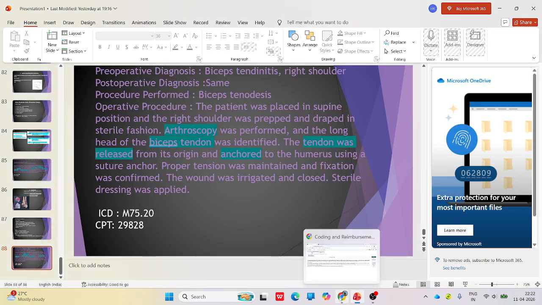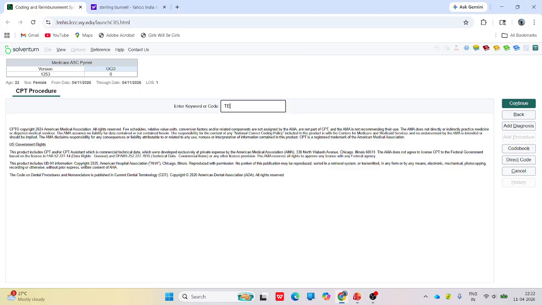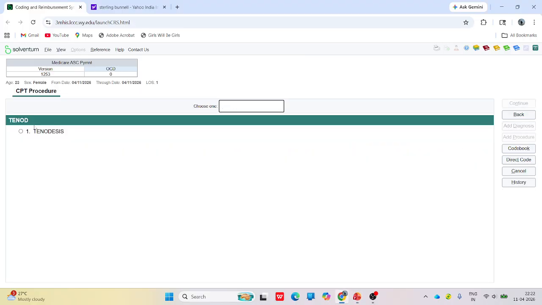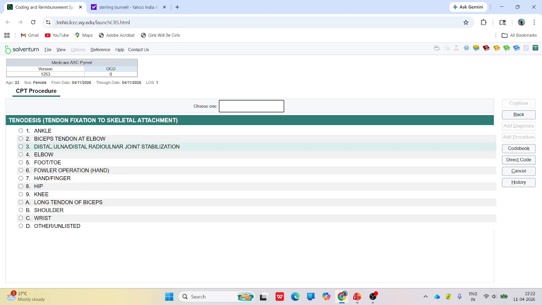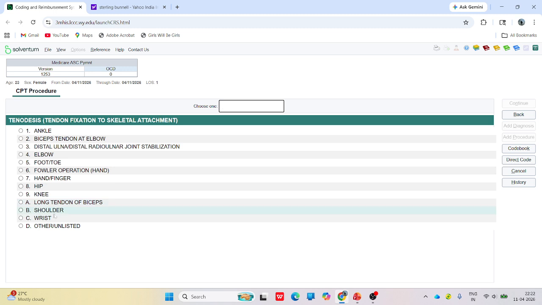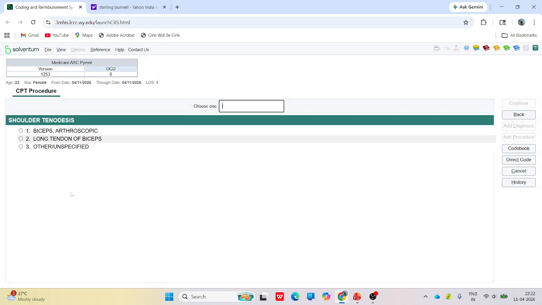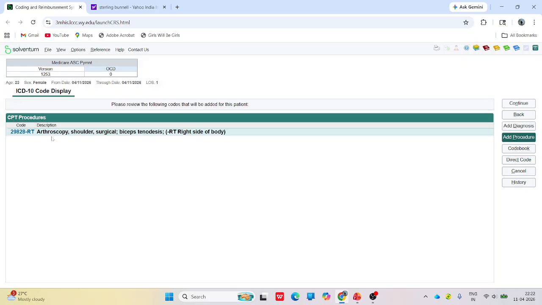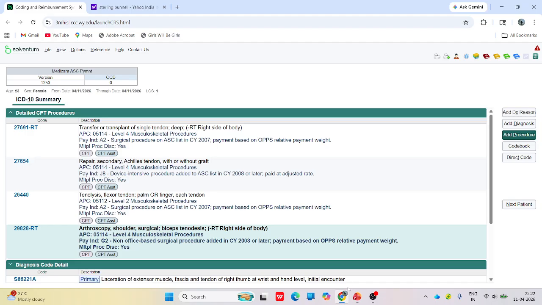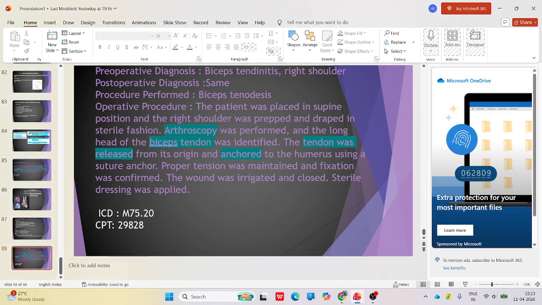Procedure is biceps tenodesis. So tenodesis, biceps tendon at the shoulder. So it's a shoulder, arthroscopic biceps. Okay. So it's on the right side. So 29828. So this is the code for the biceps tenodesis, arthroscopic.